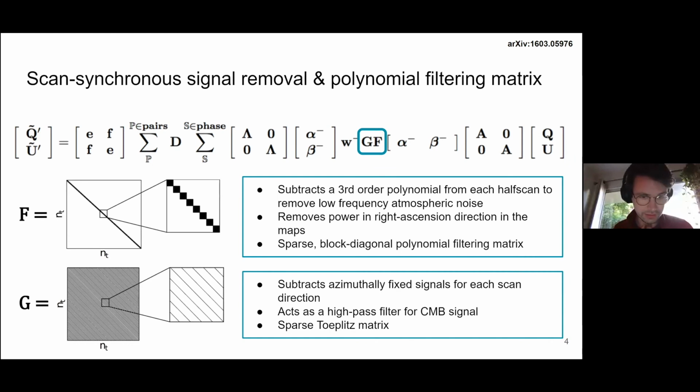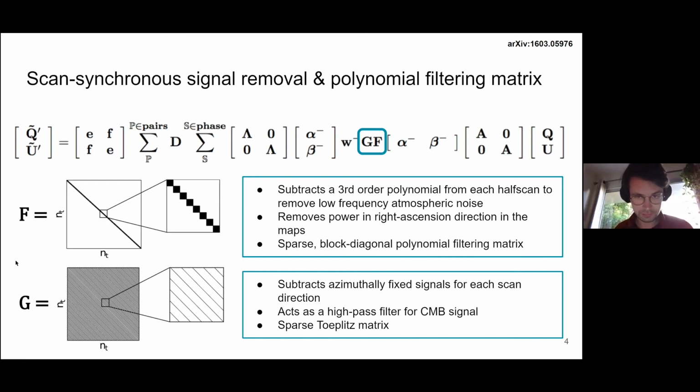And then there is this ground subtraction template subtraction in this matrix G, which subtracts azimuthally fixed signals and is a sparse Toeplitz matrix. So the product of the two is then a complicated matrix, neither sparse nor block diagonal.